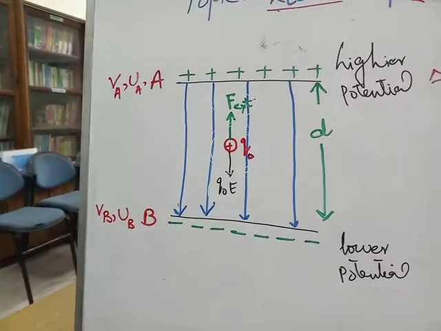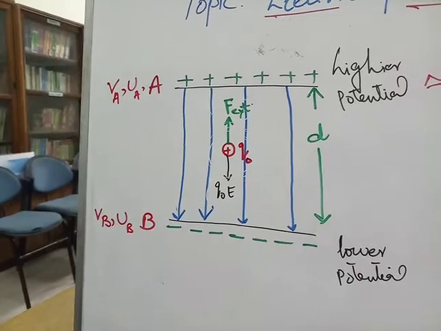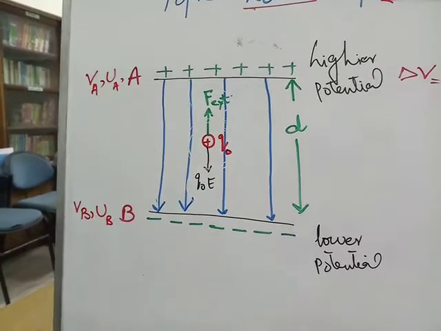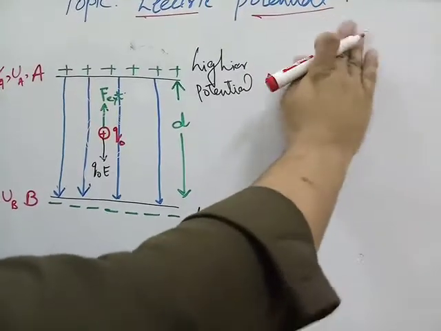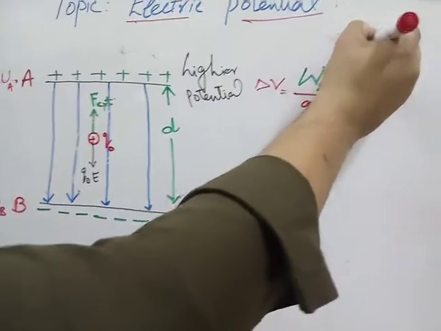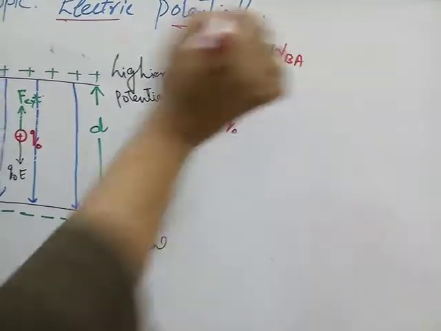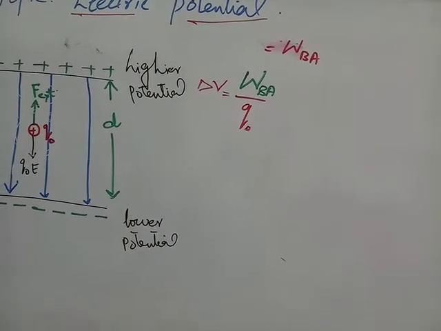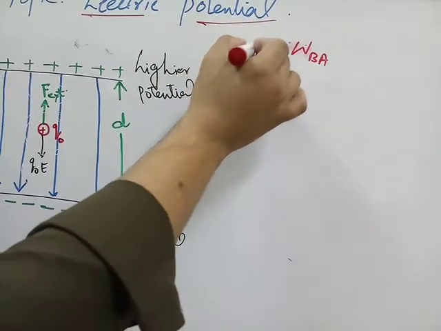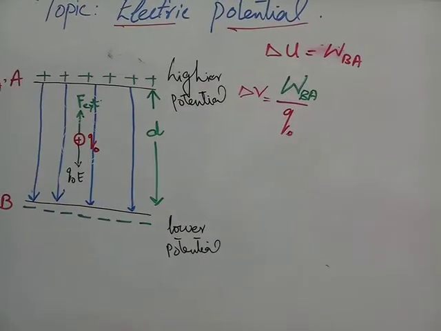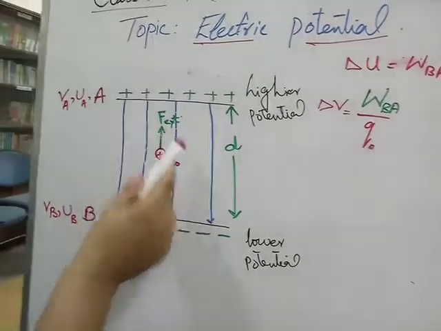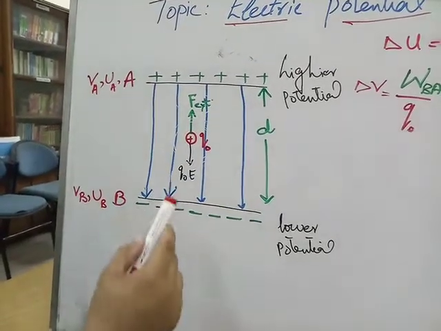In earlier classes, in 9th or 10th class, you studied the work done from B to A. You can write that this is the change in potential energy, because this charge Q changes its position.